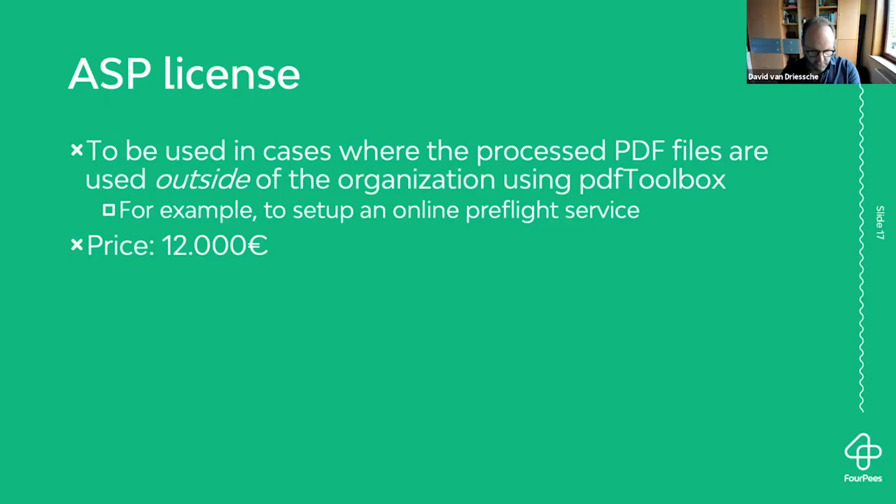The website uses pdfToolbox to preflight to verify whether it's PDF/X, for example, and then it gives the response to the user that this is PDF/X or not, and it gives a corrected file to the user with the PDF/X file. You can do this, this is not a problem, but in order to do this, you need an ASP license. And as you can see, the ASP license is significantly more expensive than regular licenses.